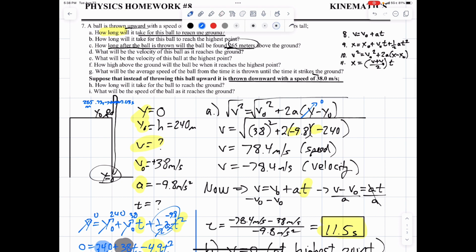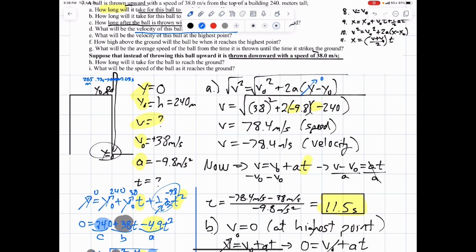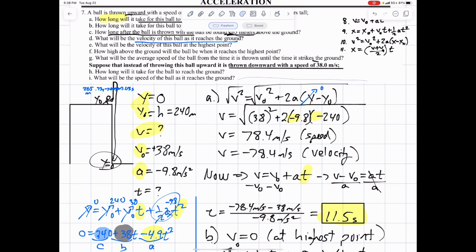Now we're looking for the velocity of the ball as it reaches the ground. Well, we already did that, so I'm going to copy my work from part A here because I don't want to have to redo it.